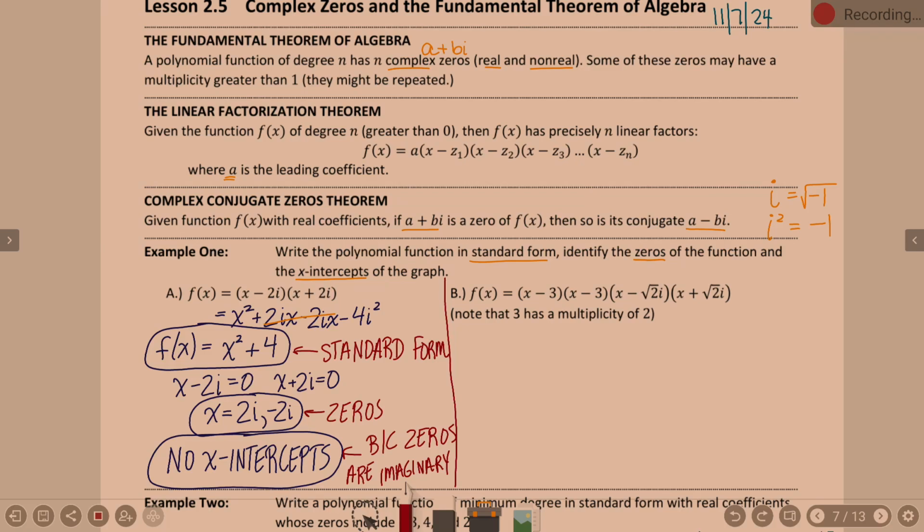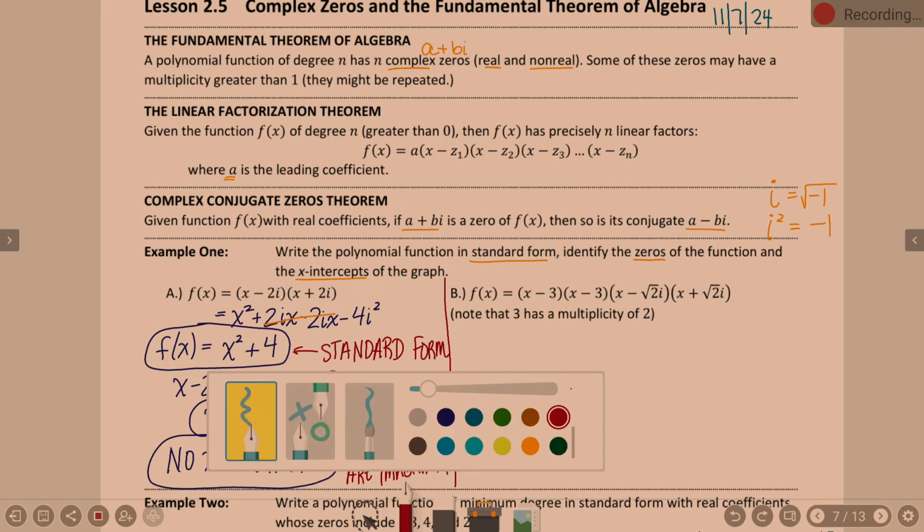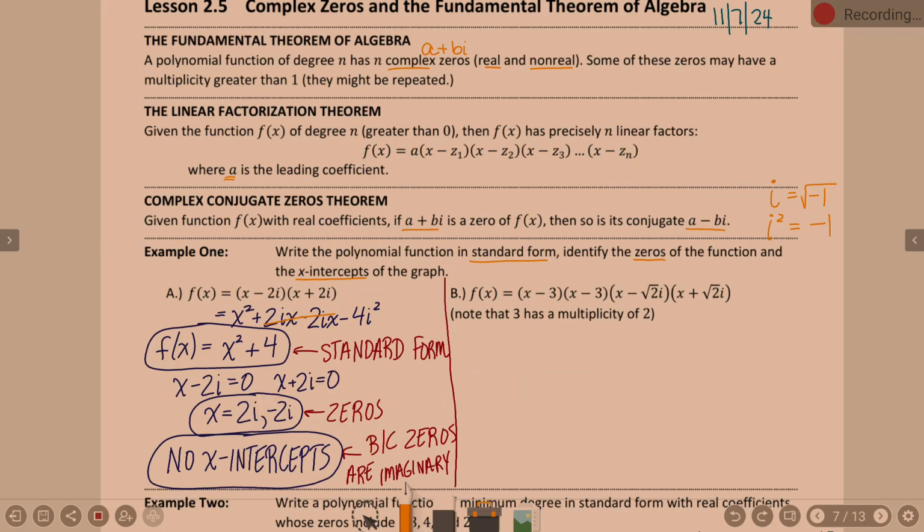Okay, let's look at B then. B asks us to do standard form. Now, as you look at this problem, notice f of x equals x minus 3 times x minus 3 times x minus square root of 2 times i and x plus square root of 2 times i.